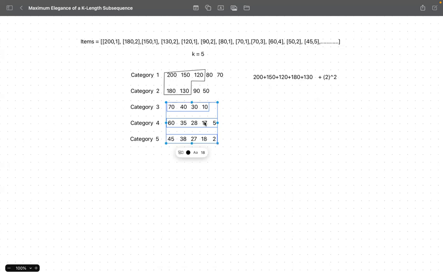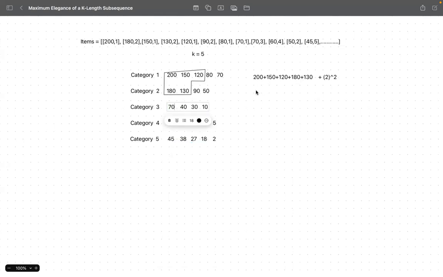We have to choose in a greedy manner. So I'll choose the next item from these which has maximum profit. We have 70, which has maximum profit, and it is not coming from an already used category. Category 3 is not used, and 70 is the maximum profit that we can see. Okay.